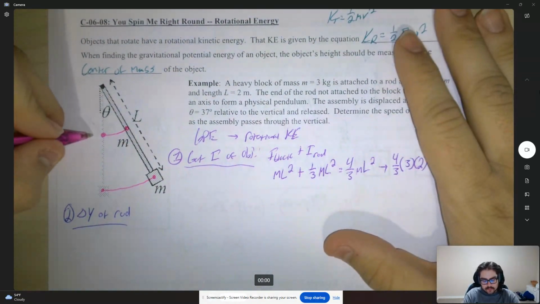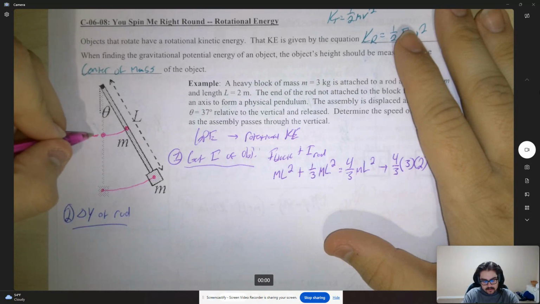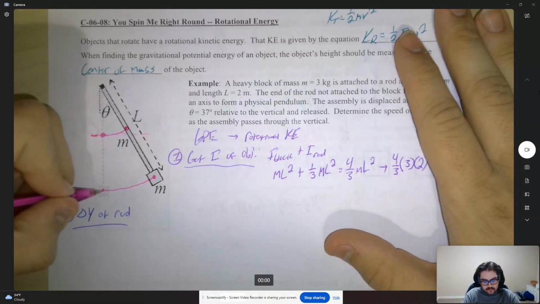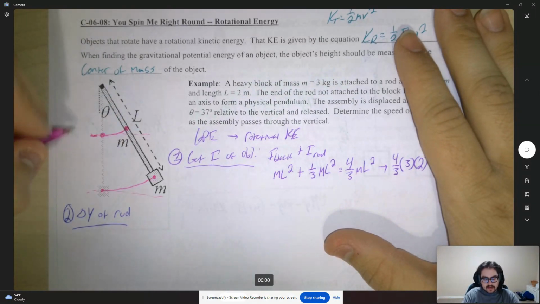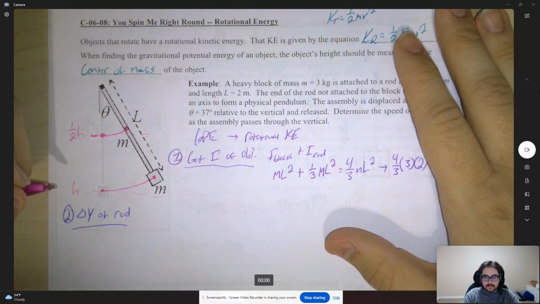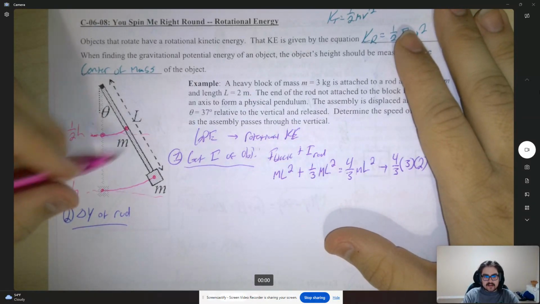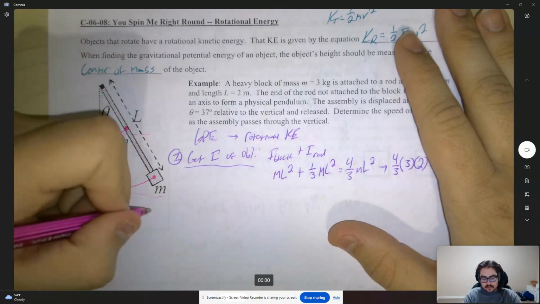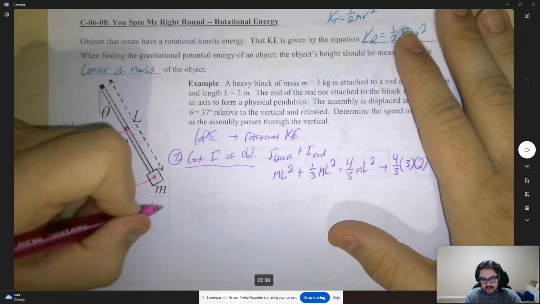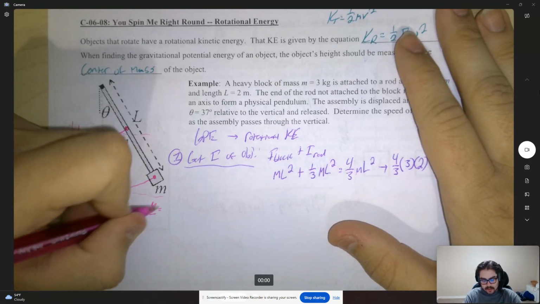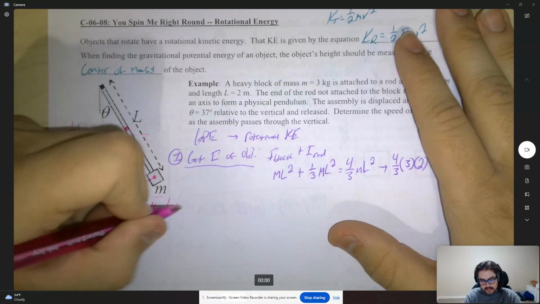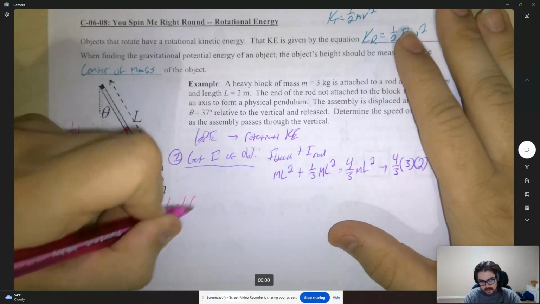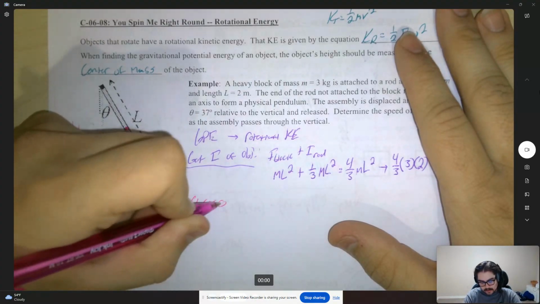And you'll notice that whatever I figure out the height to be, this top height right here is going to be 1/2 of that height. This is just going to be the full height. You would use some trig identities here to figure this out, but the height h is going to be equal to L times 1 minus cosine theta.